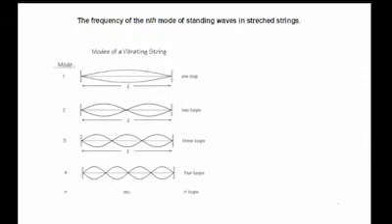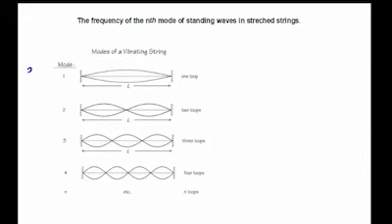Now students, let us get an expression for calculating the frequency of the nth mode of standing waves in a stretched string. We have different modes of vibration here: the first mode, second, third, fourth. The first mode has 1 loop, then 2 loops with 2 antinodes, 3 loops with 3 antinodes, and so on.